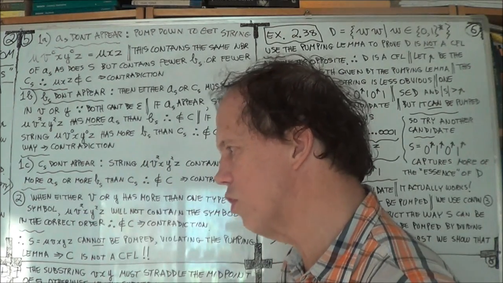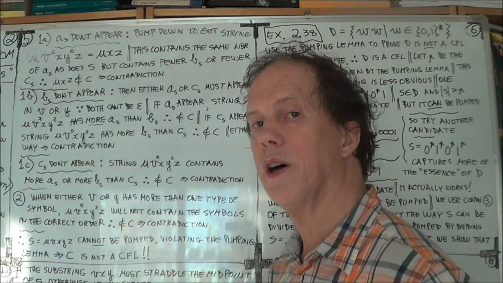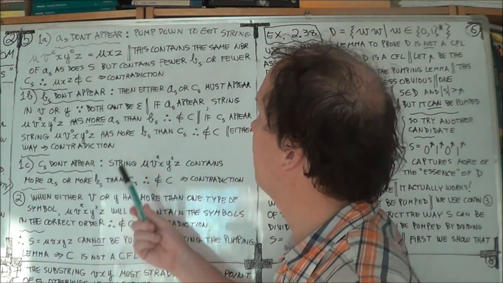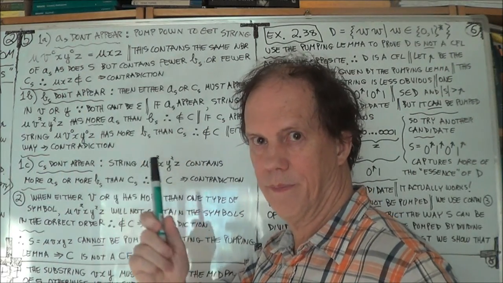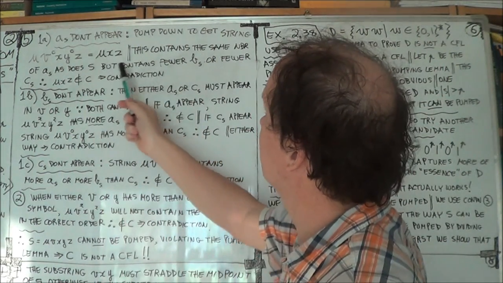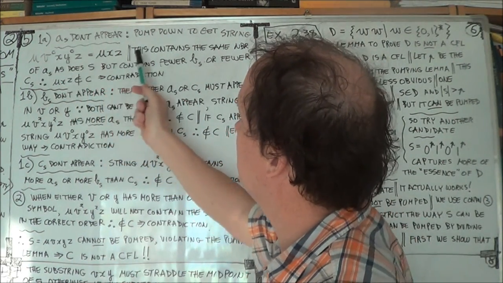So we could choose a string to start with where J is equal to I, and then we pump down, and now J is less than I. Contradiction.